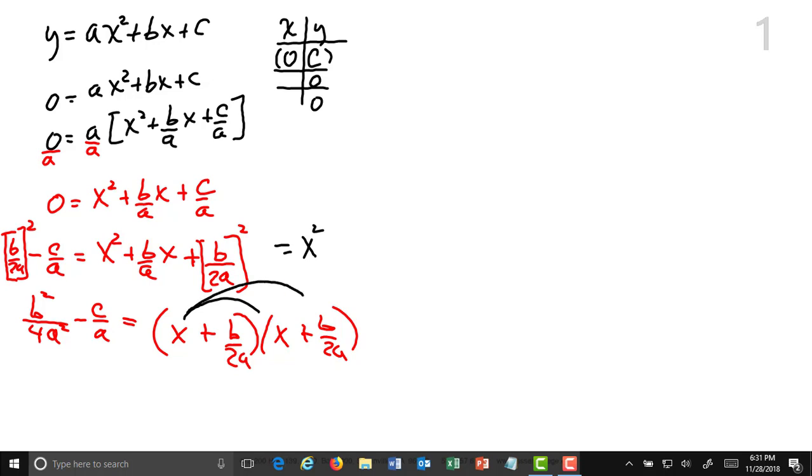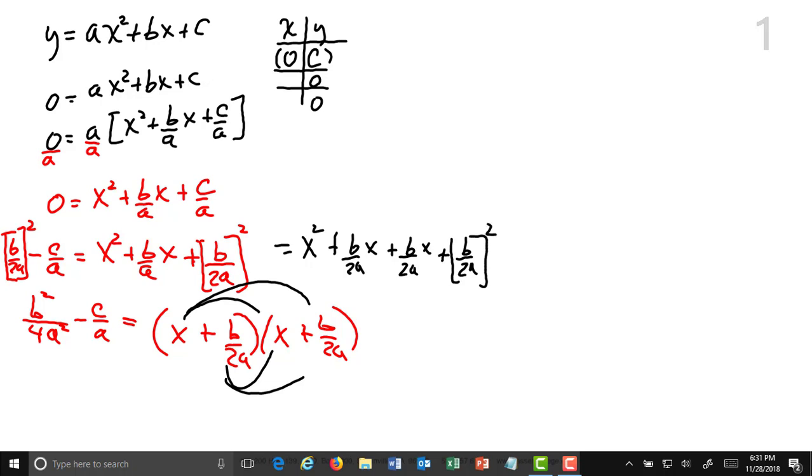And what about this? Well, that's going to be a plus B over 2A x. Yeah? And this is going to be another plus B over 2A x, right? And this last part is going to be the 2 of those guys squared.